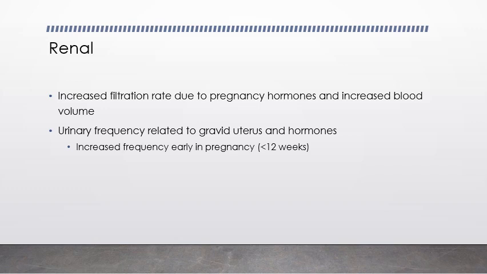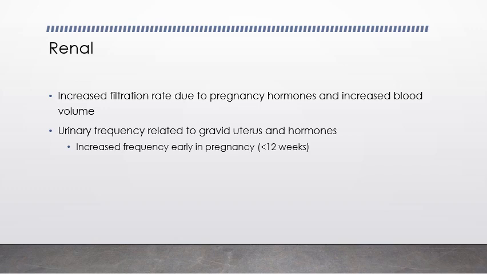We can especially see an increased frequency in early pregnancy, and this is because in that first trimester, the uterus is a pelvic organ, and so is the bladder. So as the uterus increases in size in the pelvis, it leaves less room for the urinary bladder. So this is some anticipatory teaching that we can do in the first trimester with women.